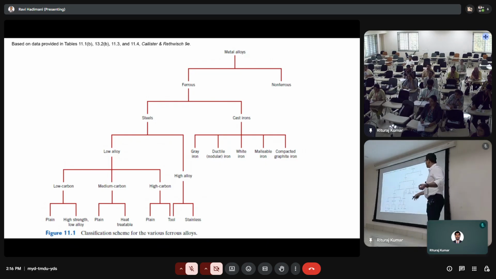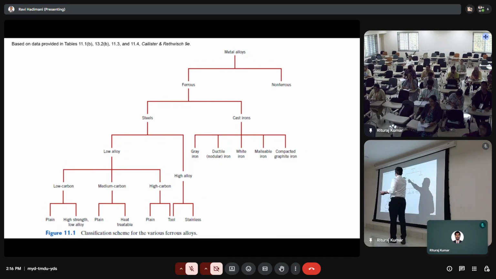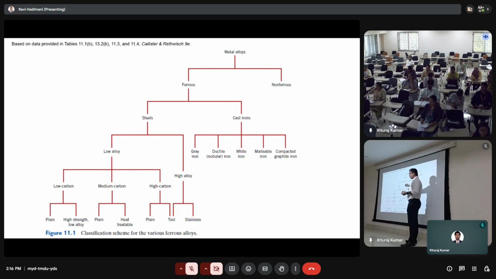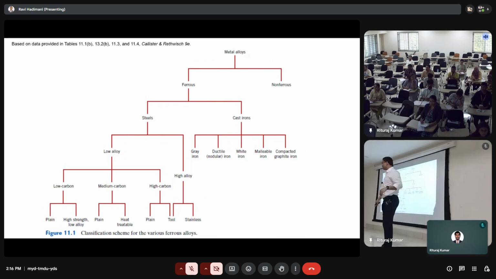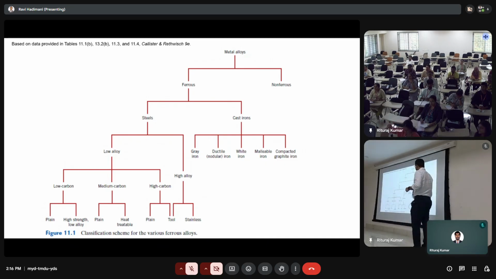It's like saying only iron and non-iron based materials. But anyway, this is how it's usually classified: ferrous and non-ferrous. And in ferrous, you have steels and cast iron. Cast iron has 4% or more carbon content. Steels have less than 2% of carbon content.